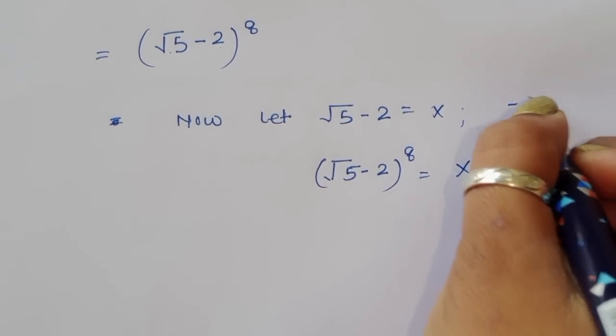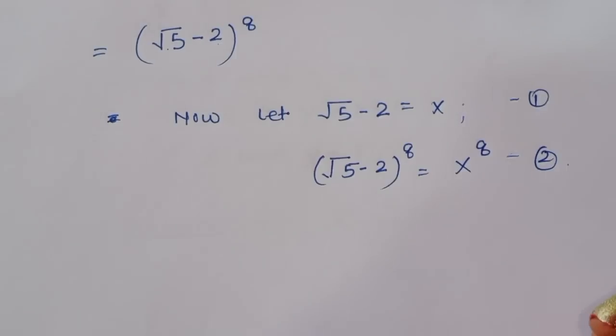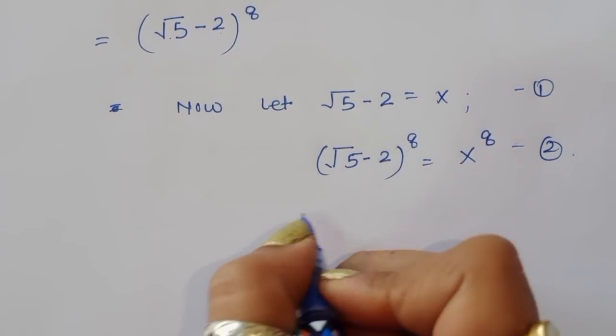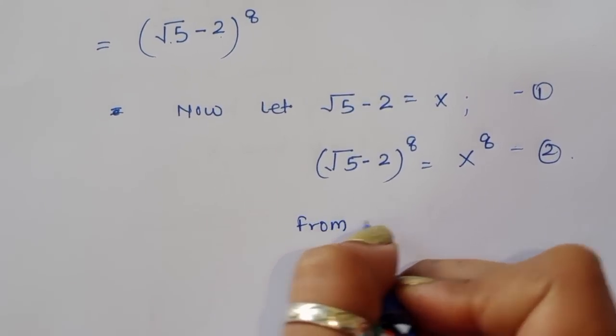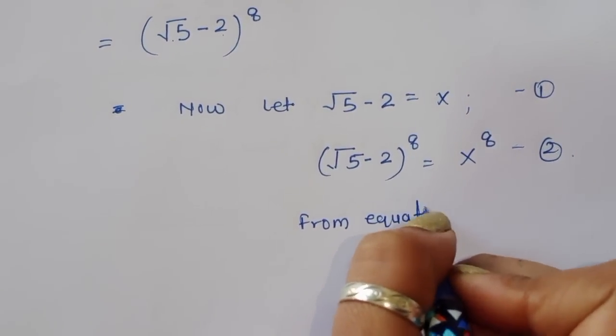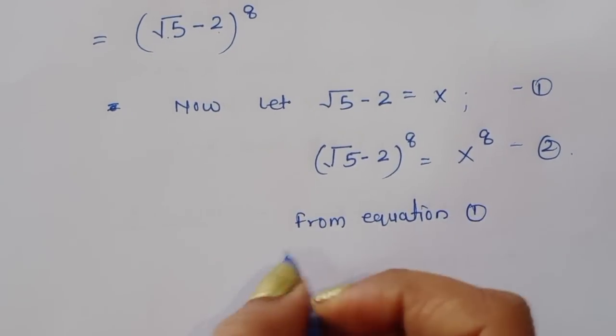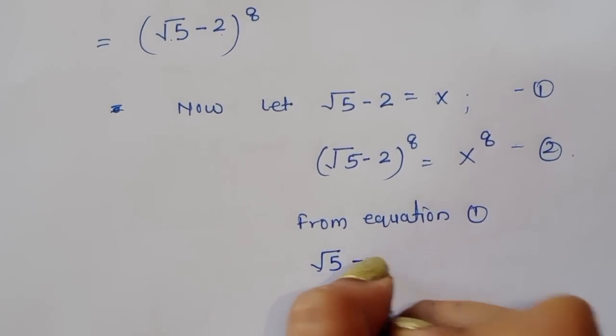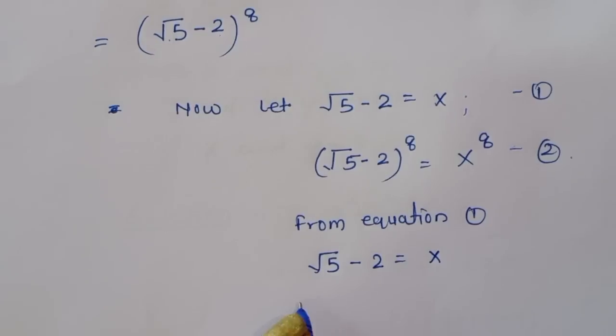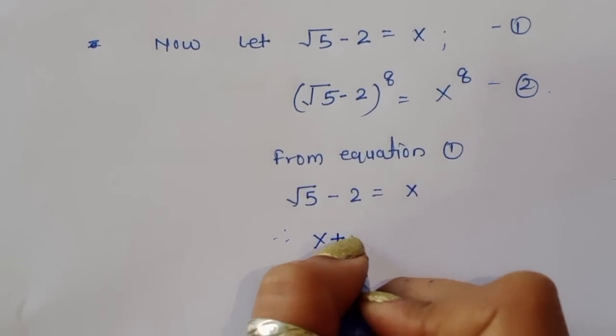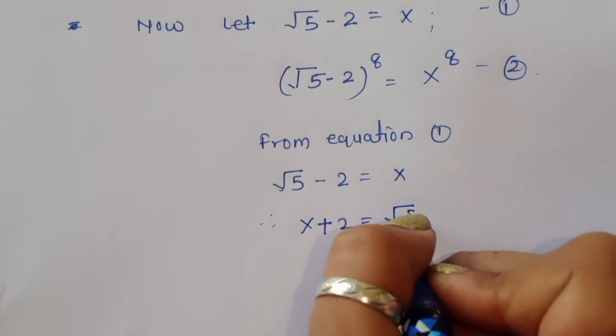So this is equation 1 you can consider, and this is equation 2. Now from equation 1, square root of 5 minus 2 is equal to x. Therefore x plus 2 is equal to square root of 5, right?